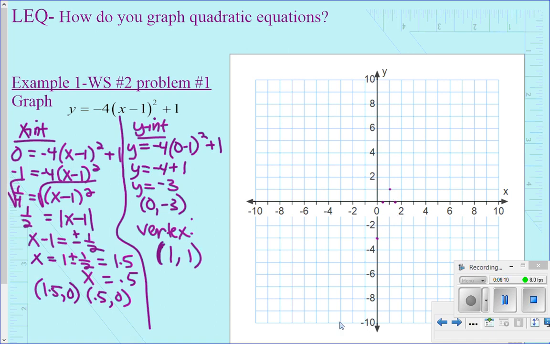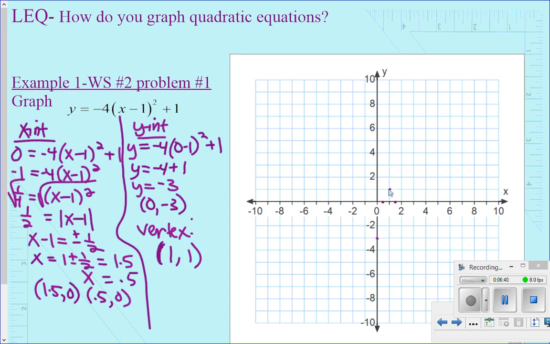Now, you learned in probably Algebra 1 that parabolas are symmetrical, and there is what we call a line of symmetry that goes right through. It's a vertical line that goes through the vertex. So if this is my vertex and I'm thinking about this vertical line, now it's not really part of the graph, but it's kind of an imaginary vertical line. If I were to draw that in, then remember that points are like mirror images of each other.